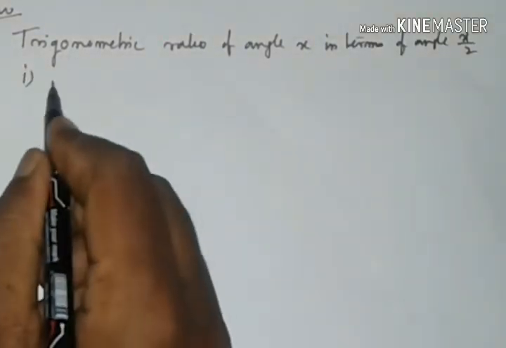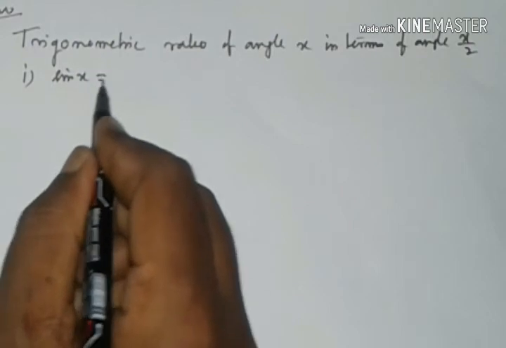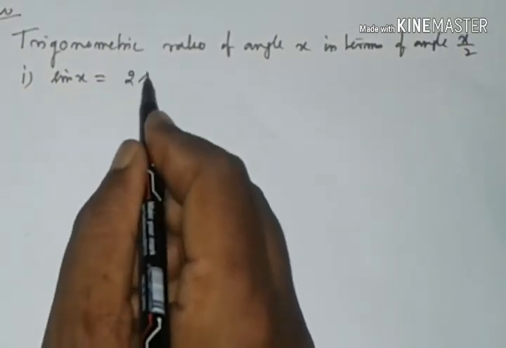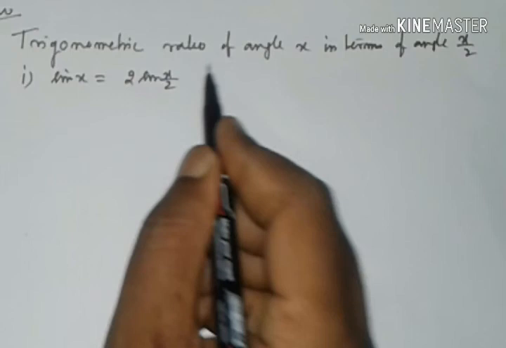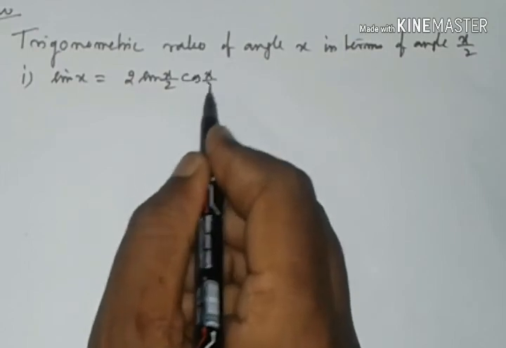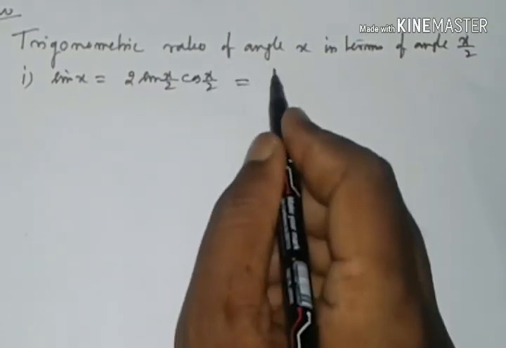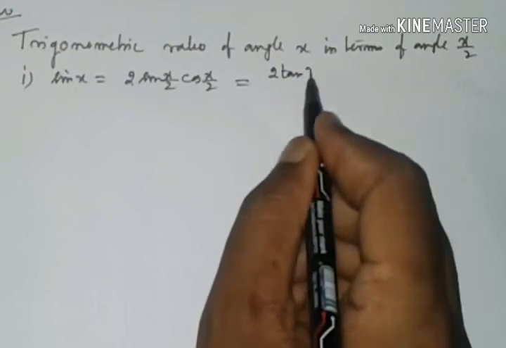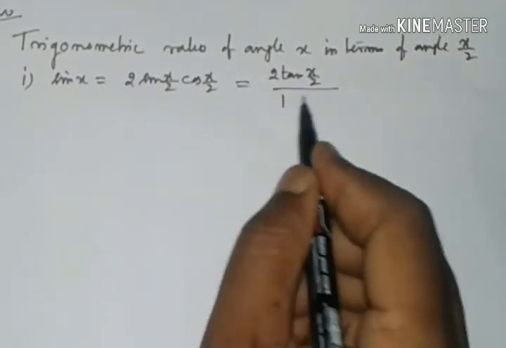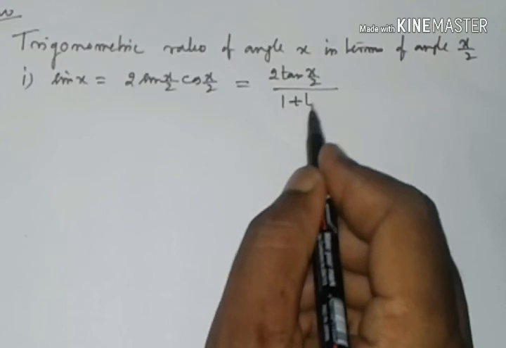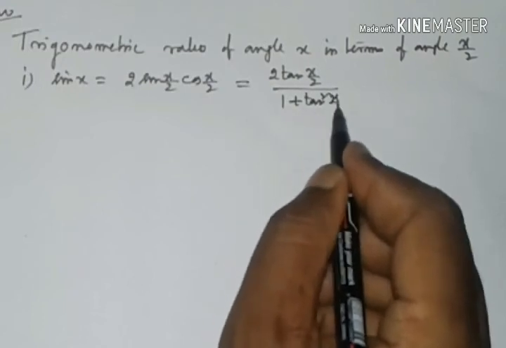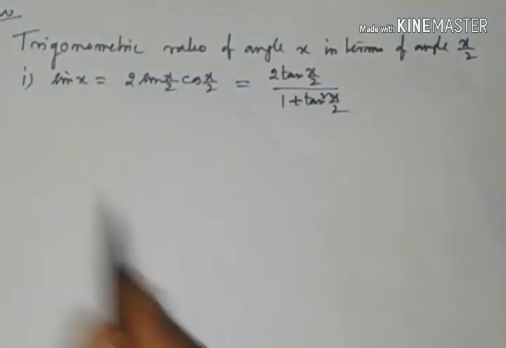First, sin x is equal to 2 sin x by 2 cos x by 2. We can also write it as 2 tan x by 2 by (1 plus tan square x by 2).